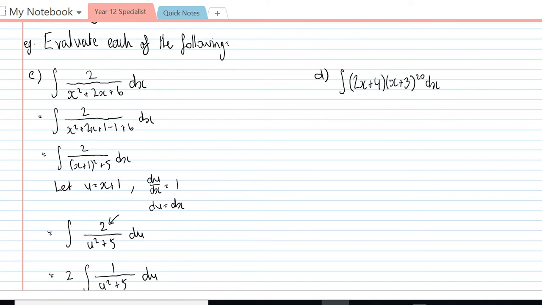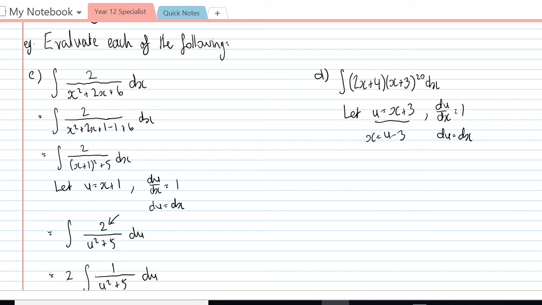Now, for the second question, what I'm going to do here is make u equal x plus 3, which means that du dx also equals 1, which means that du equals dx. So subbing this in, to make life a little bit easier, something else I can do is from this line right here, I can rearrange this equation to say x equals u minus 3.